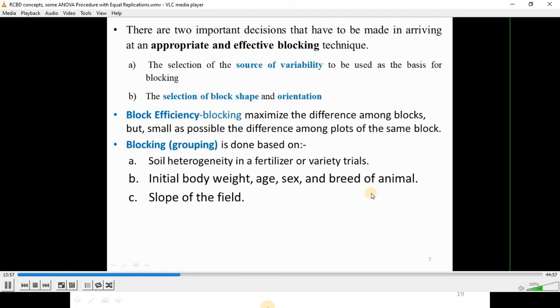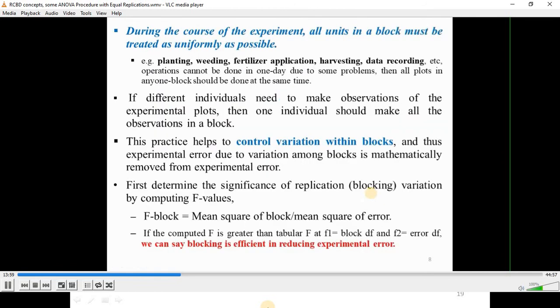condition for blocking. During the course of the experiment, all the units in a block must be treated as uniformly as possible. For example, planting, weeding, fertilizer application, harvesting, data collection or recording operations cannot be done in one day due to some problems. Then operations in any one block should be done at the same time.